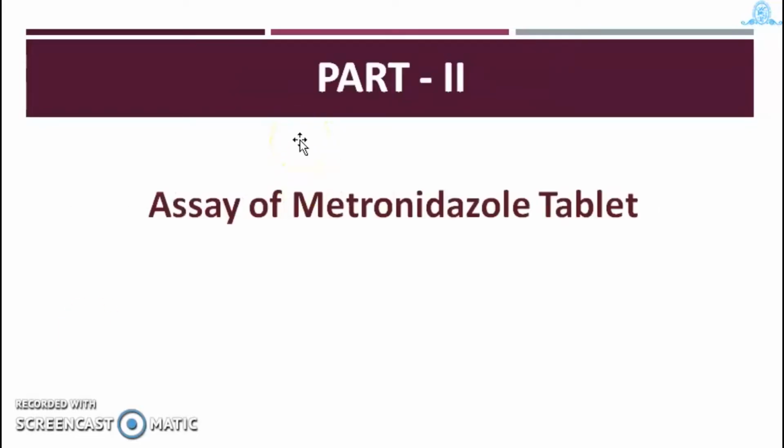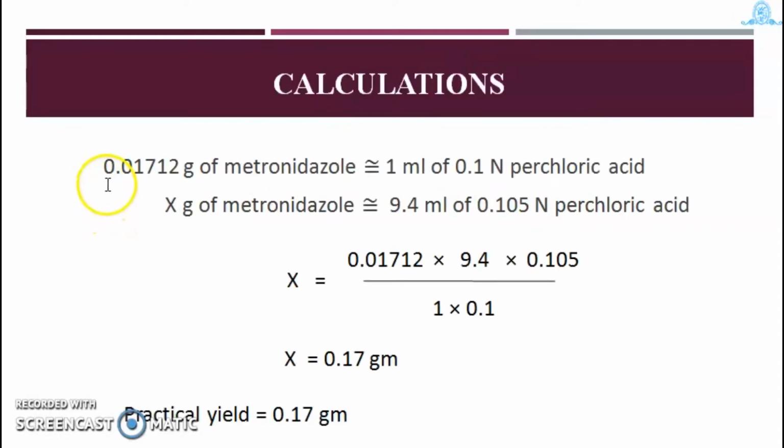Let us see the calculation part for the assay. That is part 2, assay of metronidazole tablet. So factor for the calculation is 0.01712 gram of metronidazole is equivalent to 1 ml of 0.1 normal perchloric acid. Now we have to find out how much gram of metronidazole is equivalent to the 9.4 ml.